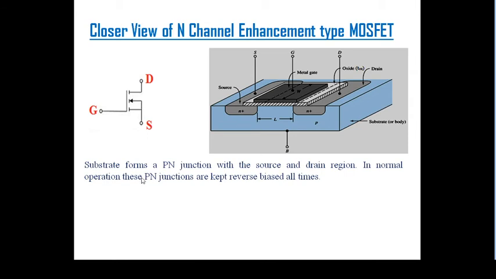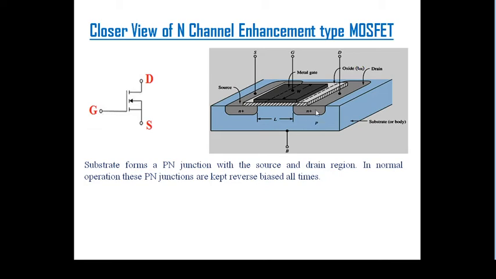Now the substrate forms a p-n junction with the source and drain regions. The p-type substrate forms a p-n junction with the drain and source regions. Yes or no?